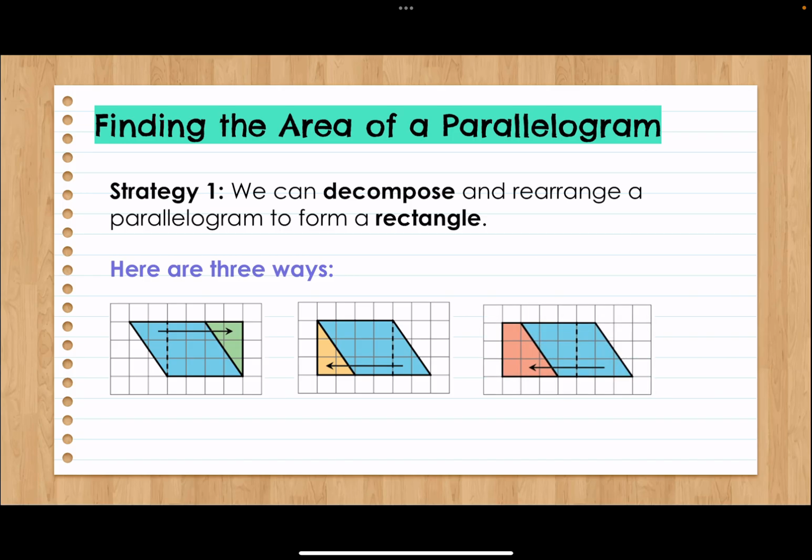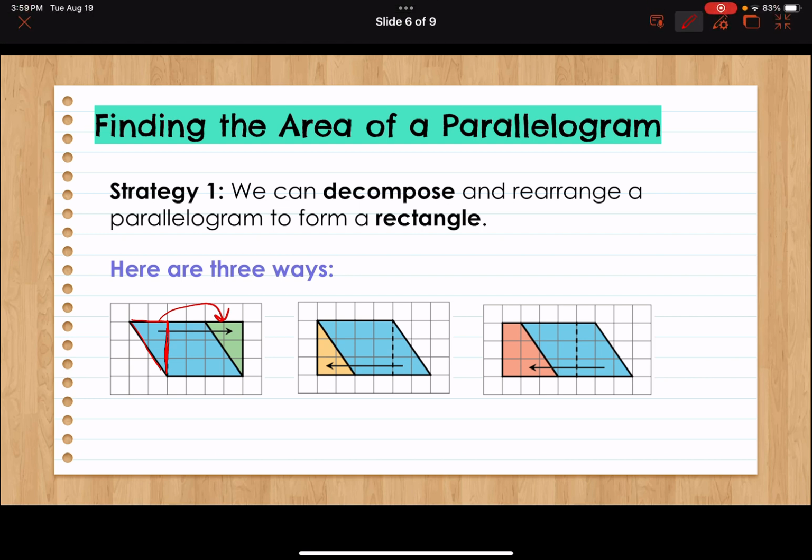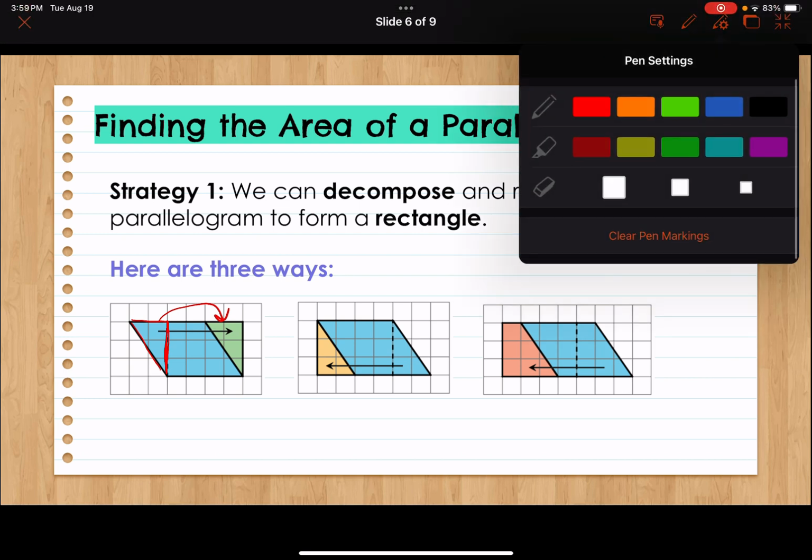So there's no just one answer. The first example takes this parallelogram, which is the blue shape, and cuts off this triangle right here and moves it over here. And then they form this new rectangle that's easy to calculate for.